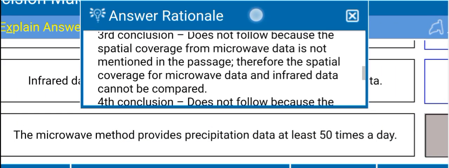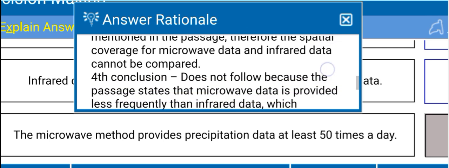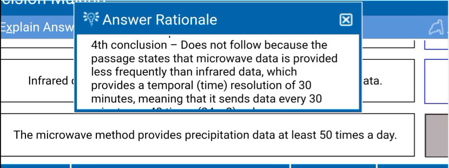The fourth conclusion, which says that the microwave method provides precipitation data at least 50 times a day.